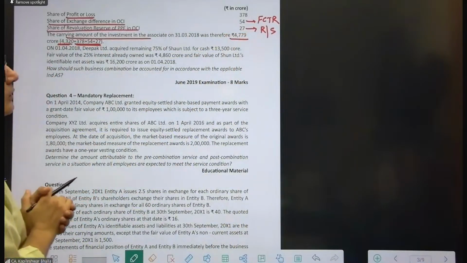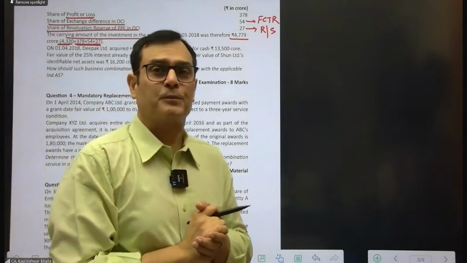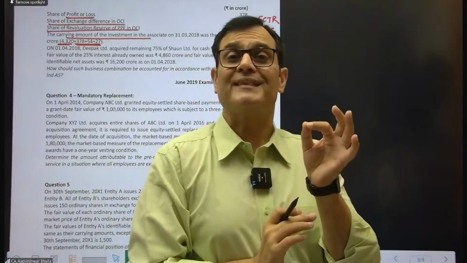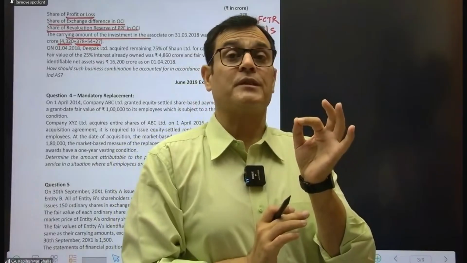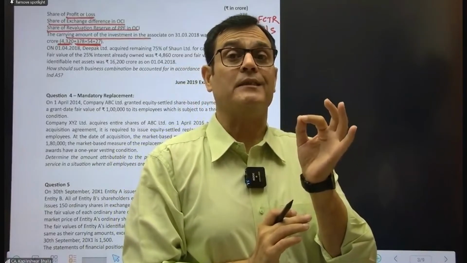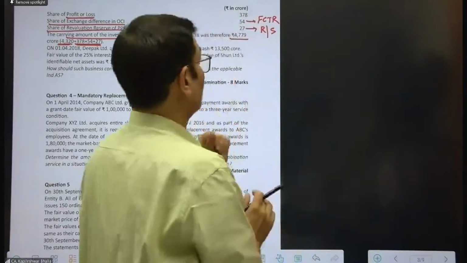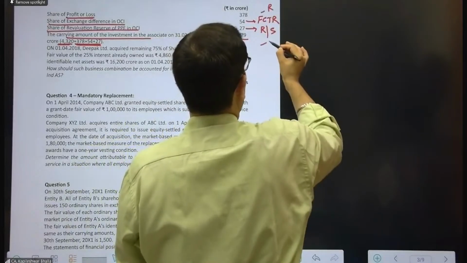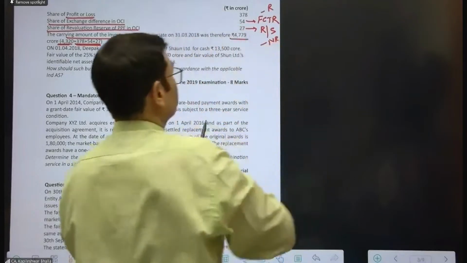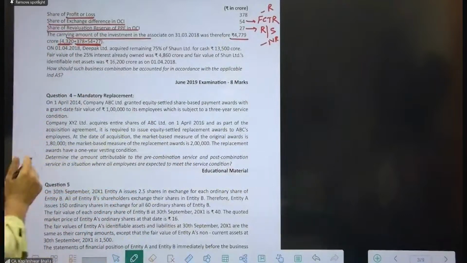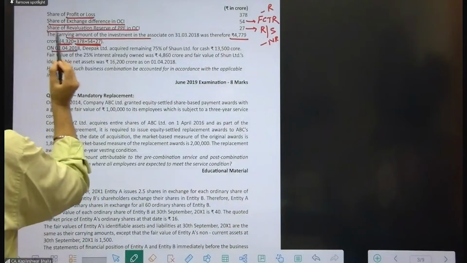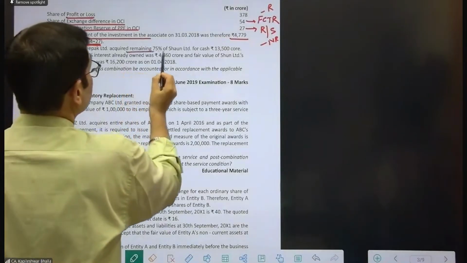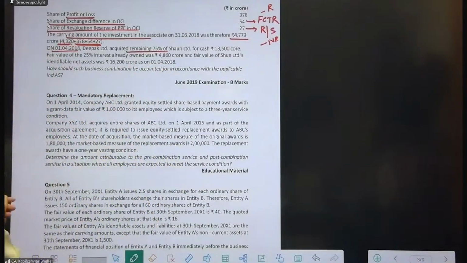Now, we just need to recall that FCTR, as per Ind AS 21, is a case of recycling. And revaluation surplus, as per Ind AS 16, is a case of no recycling. So, along with this, we also identify that this is a case of R and this is a case of NR.